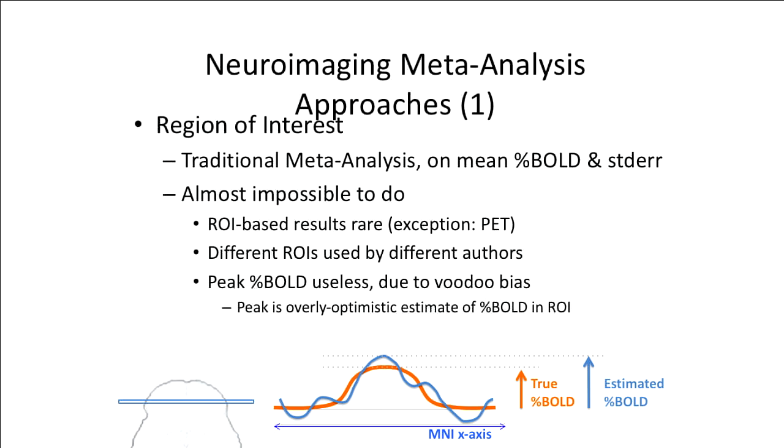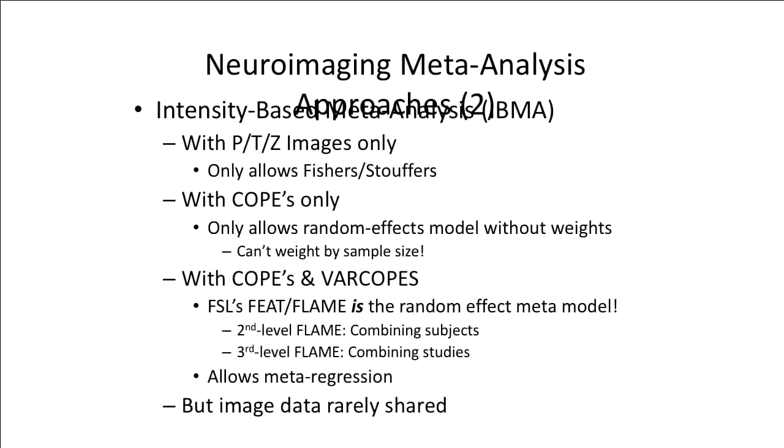So whenever you see a result reported in a paper that's based on a local maxima, which is by and large what is reported, that is going to be a biased estimate and not something suitable to enter into a meta-analysis. Unless you go see Sam's poster, who's actually trying to deal with this selection bias problem. It's my student. Sorry, I don't have the poster number there. Okay, oh no, it's overwritten.